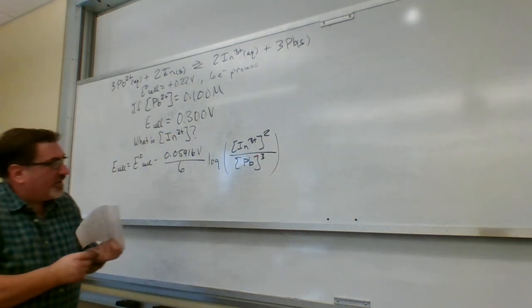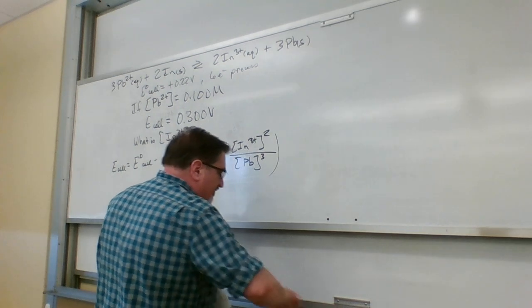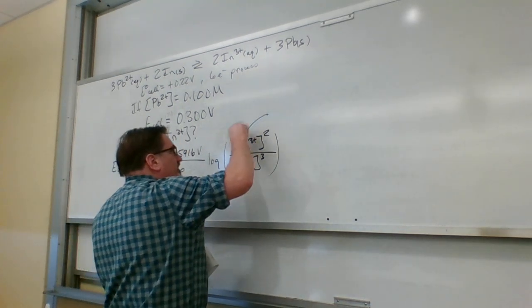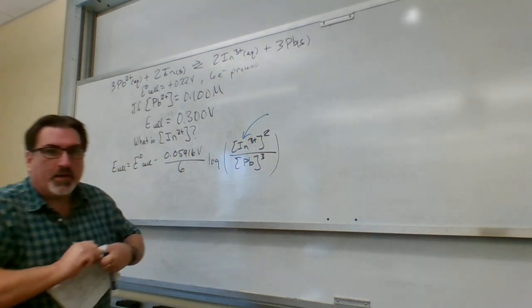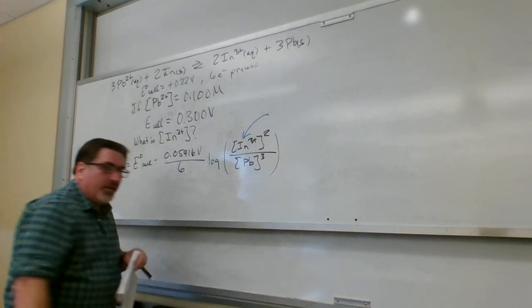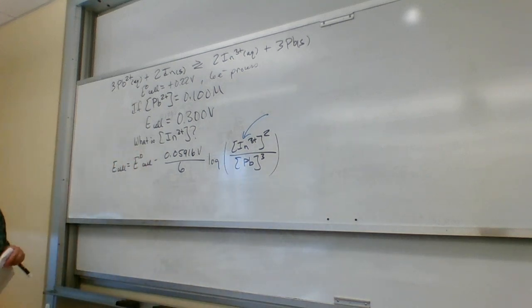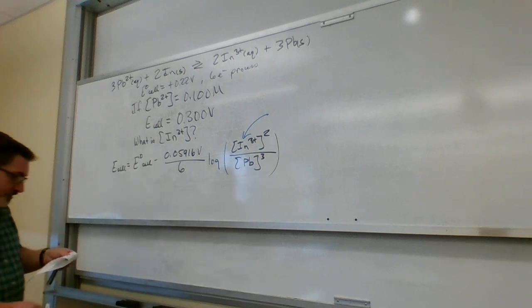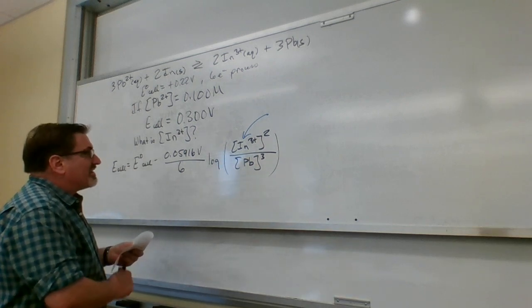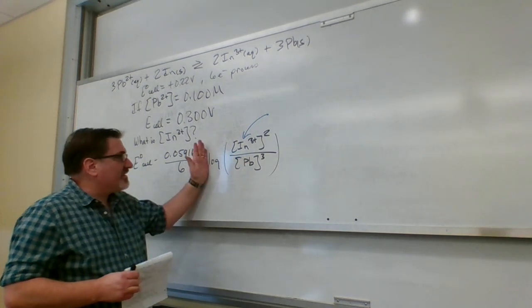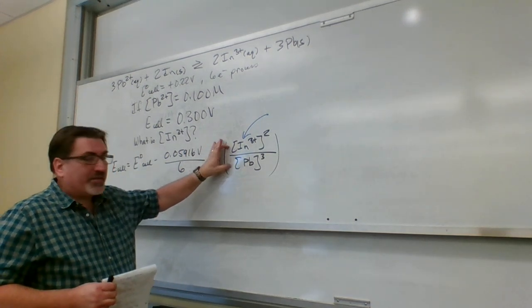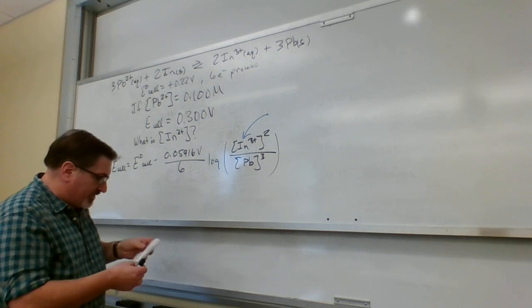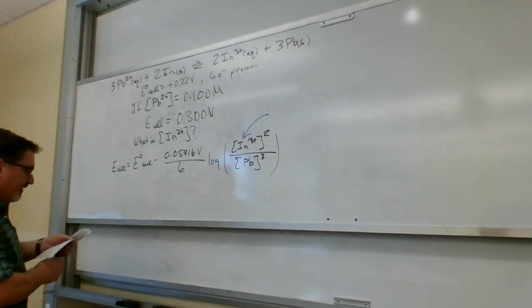And our job here is to find out what this concentration of In3+ is. This is always the bummer one that you see on the homework, solving for one of those instead of just solving for E cell or E0. So we need to get this log term by itself and then split it up so we get the indium concentration by itself. We're going to do this in some steps.